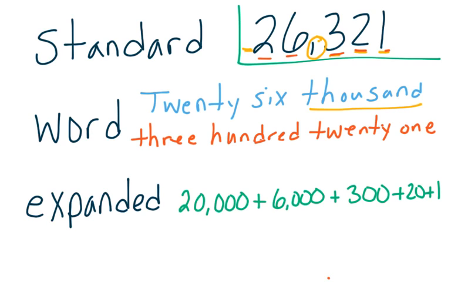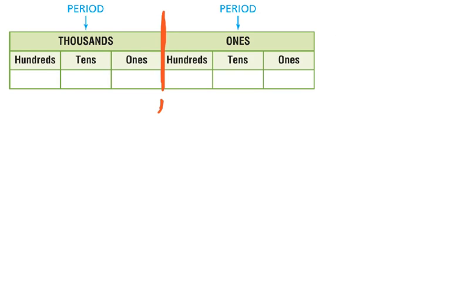Let's take a look at our place values in a little bit deeper of a version. This chart shows us our different periods and that our different periods are separated by a comma. This chart also shows us that each period contains a hundreds place, a tens place, and a ones place.